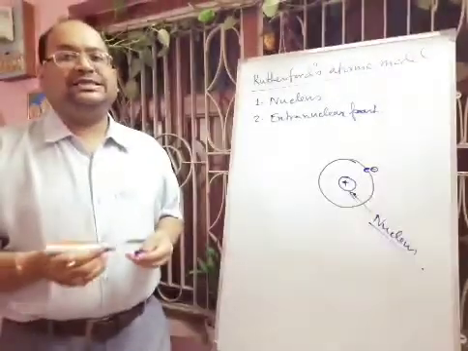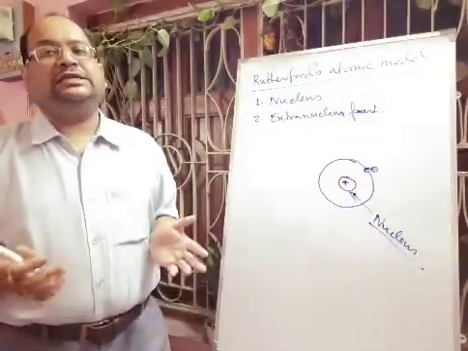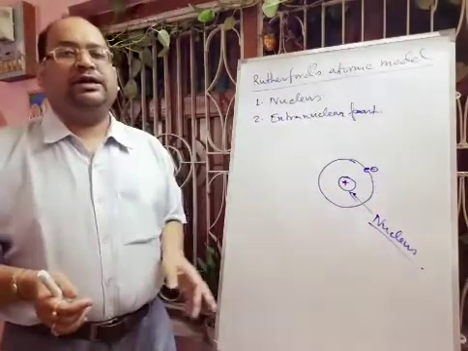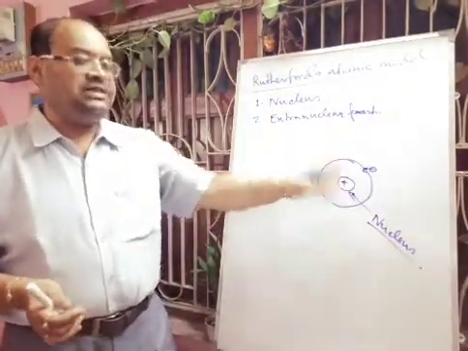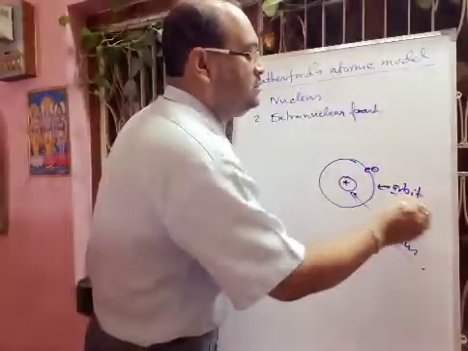It is the space that surrounds the nucleus and contains the negatively charged electrons, which are revolving around the nucleus in a certain orbit, in a circular path. That circular path is called an orbit.